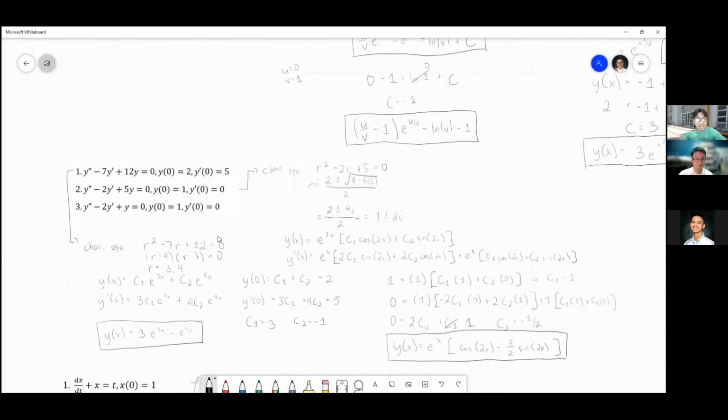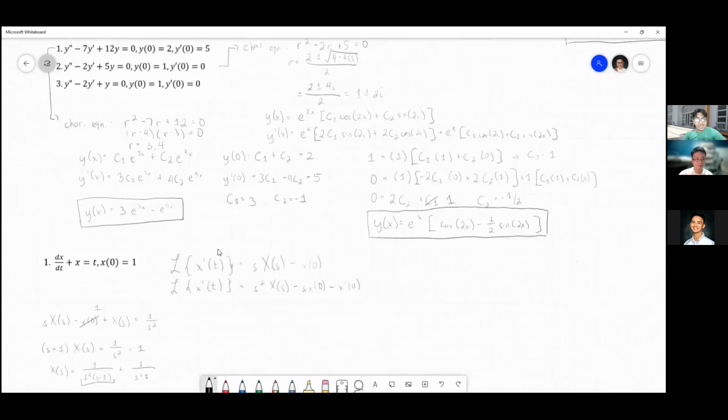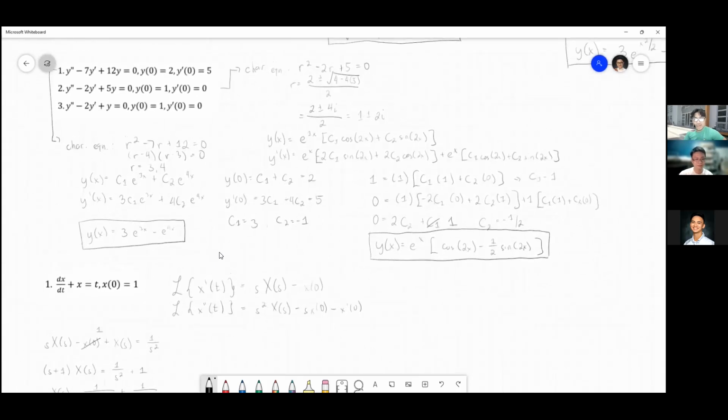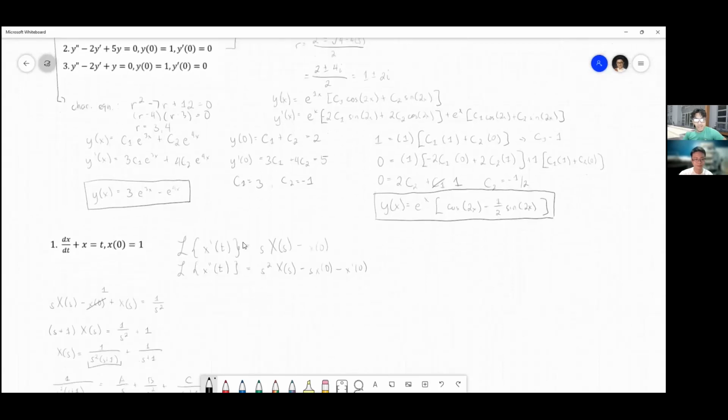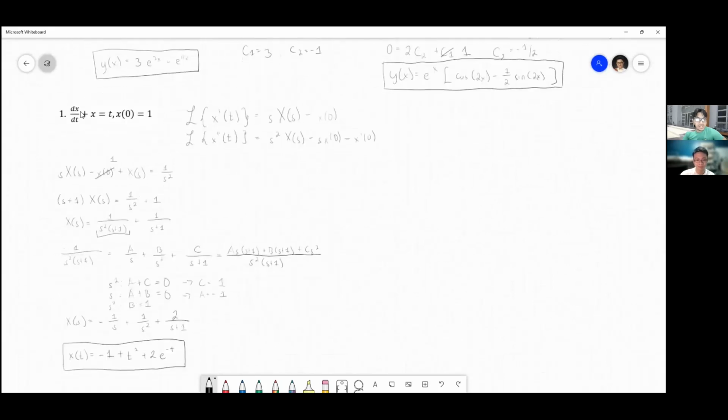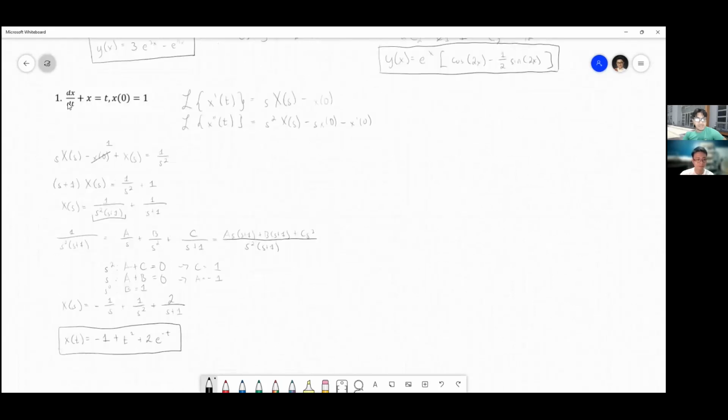Pag inhomogeneous, meron ka lang din idadagdag na tinatawag na particular solution. Ang Laplace, pwede rin siya for homogeneous differential equations. Pinakamapansin niyo lang kada nagdadagdag tayo ng term dun sa inhomogeneous part ng ating differential equation, dumadami lang din yung terms dun sa solution natin.